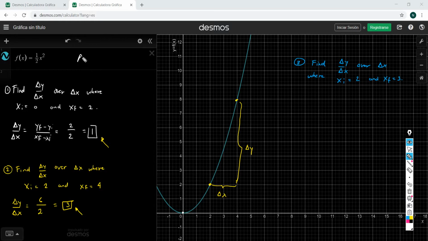Now we're gonna see the need to use the word average when we talk about these types of functions, because when I say that the average rate of change over this interval delta x from 0 to 2 is 1, what I'm saying is that on average, as the person travels, going back to that same example of a person traveling up a hill.